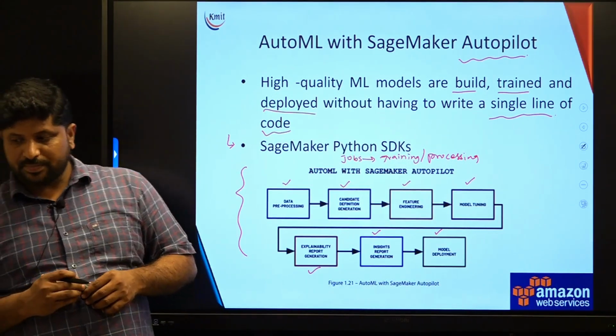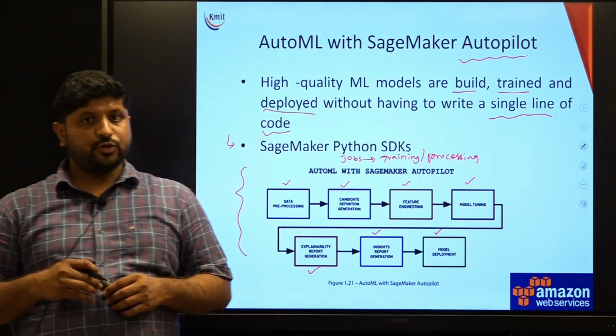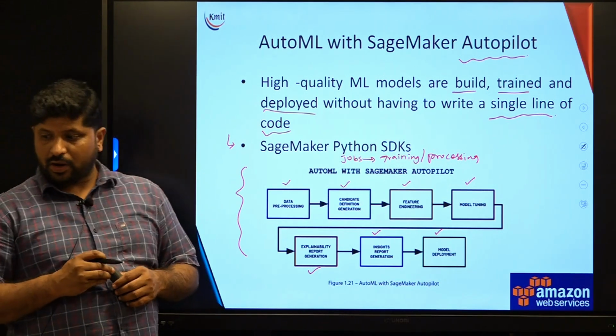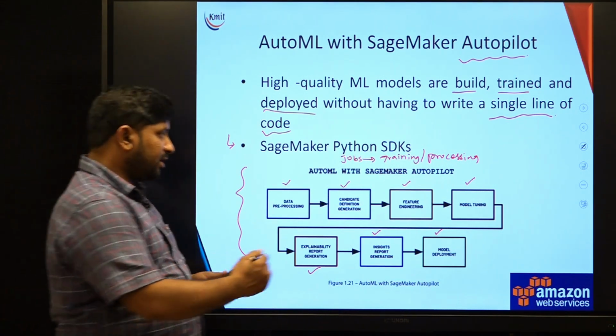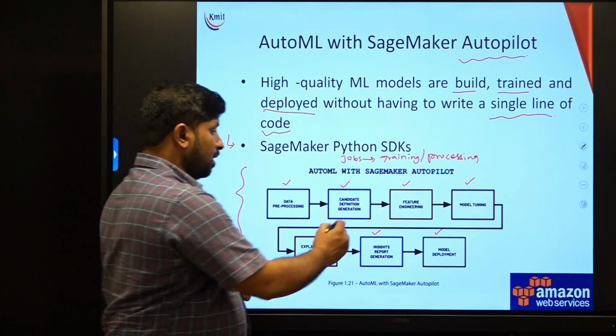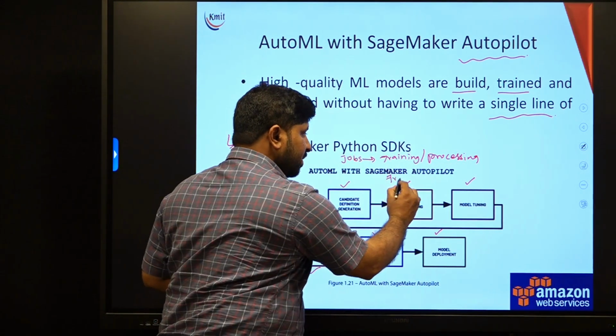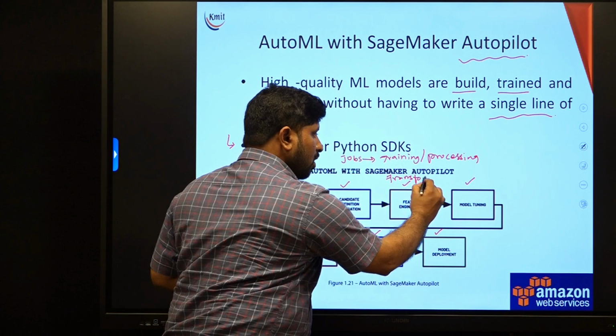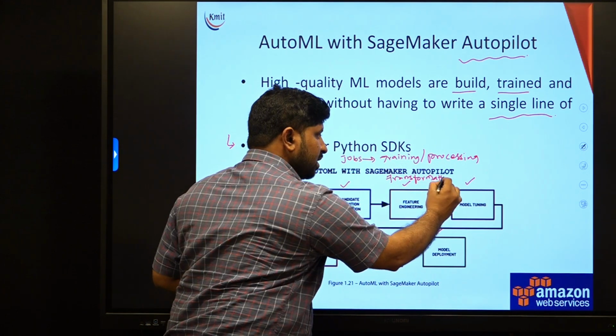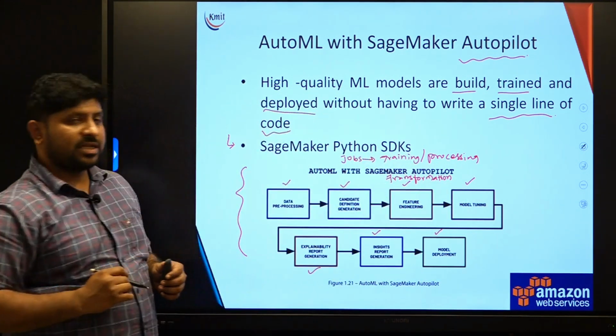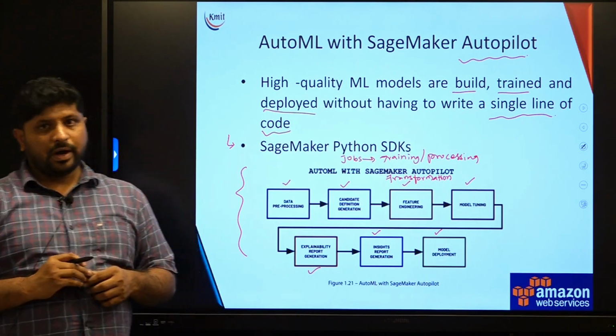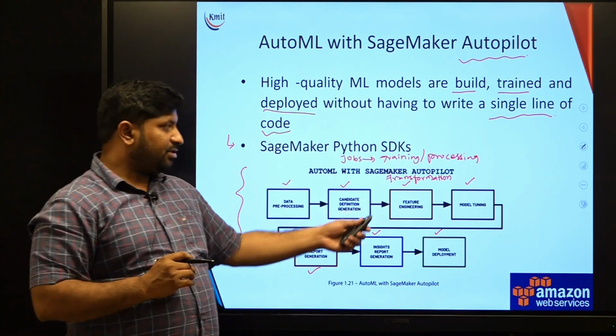Once the candidates are generated based on the data which you are feeding into the machine learning model, then the feature engineering happens. What it means is the transformation goes on in this particular phase. Transformation of data from one form to another form happens in feature engineering.